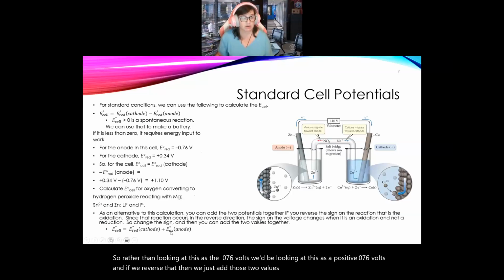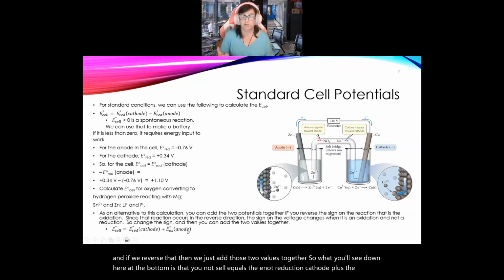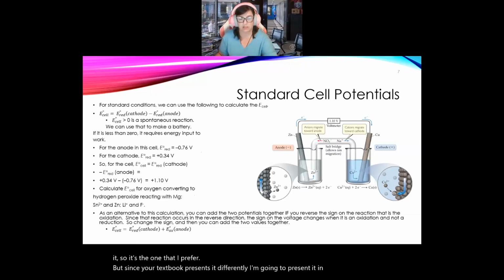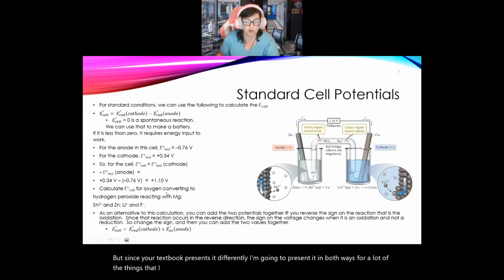So what you'll see down here at the bottom is the E naught cell equals the E naught reduction cathode plus the E naught oxidation for the anode. So where you flip that sign. This is an easier convention to remember, and so it's the one that I prefer. But since your textbook presents it differently, I'm going to present it in both ways for a lot of the things that I do. Now, we want to look at a couple of other reactions here.